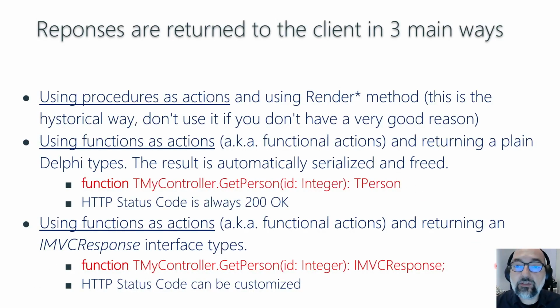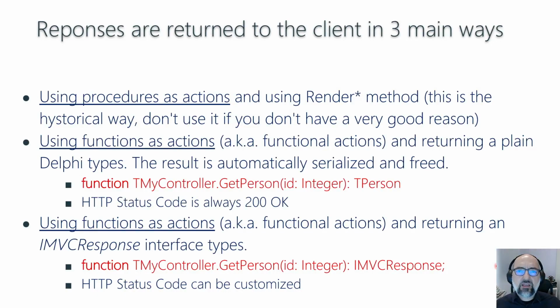Responses are returned to the client in three main ways. There are a lot of ways to prepare the response for the client, but these are the main ways. The first one is using procedures as actions and using a render something method. This is the historical way, and it is also the way that you will find in the book.